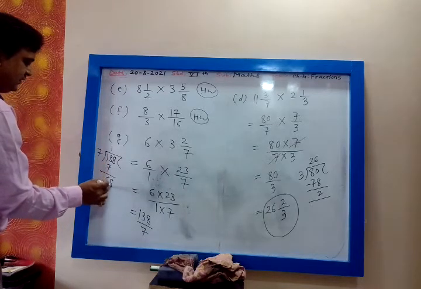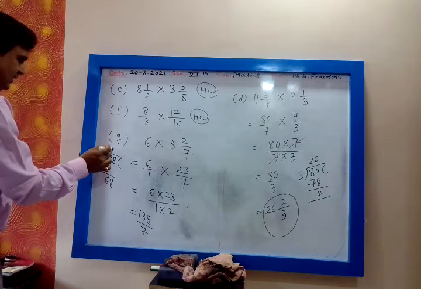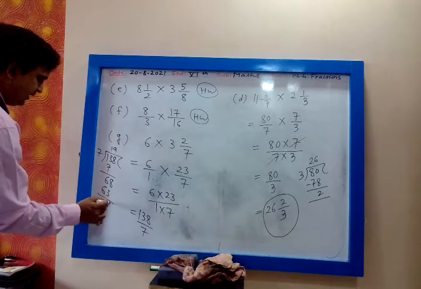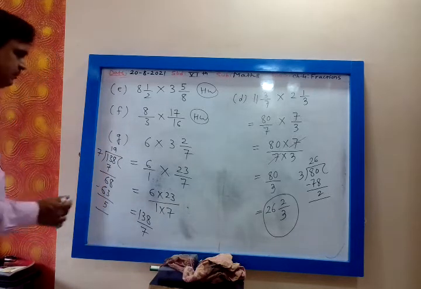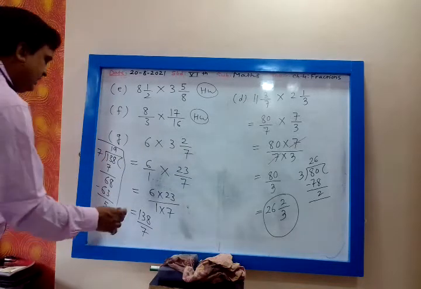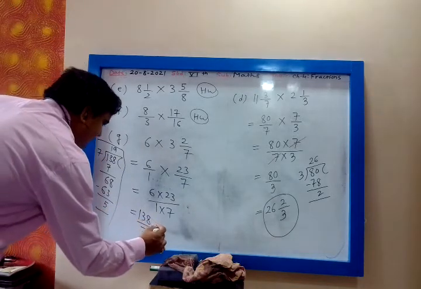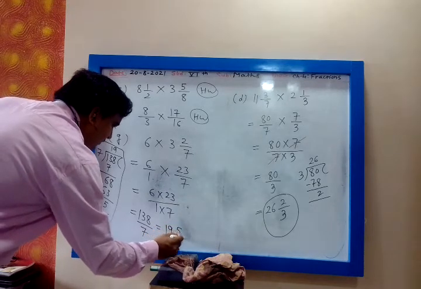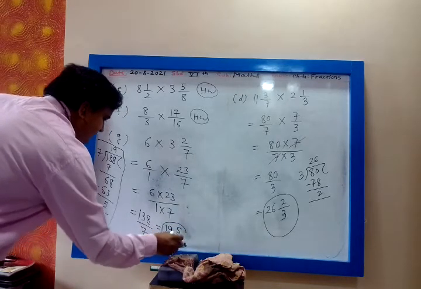Then 6, 68. 7 9s are 63. Then 5 remainder. I am doing G. So the answer is 19 is to 5 upon 7. 19 is to 5 by 7.